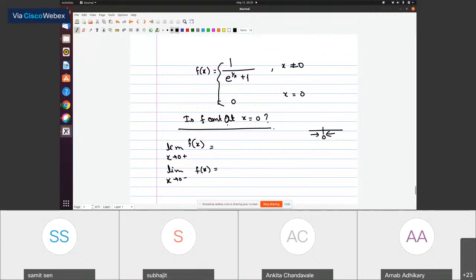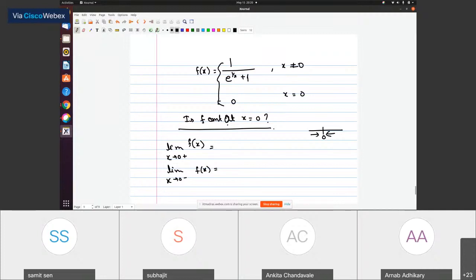Okay. So for the left hand side, x is less than 0, so 1 upon x will tend to minus infinity. Then e raised to 1 upon x, that is e raised to minus infinity, tends to 0.